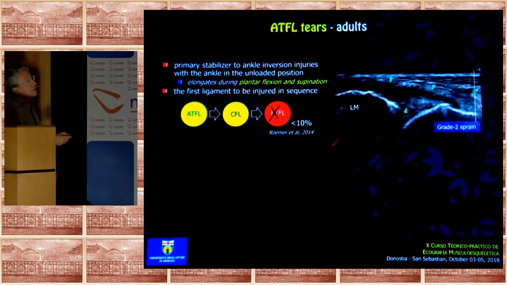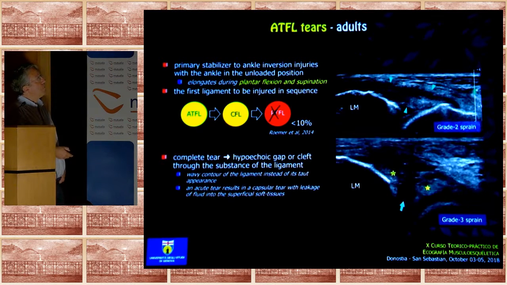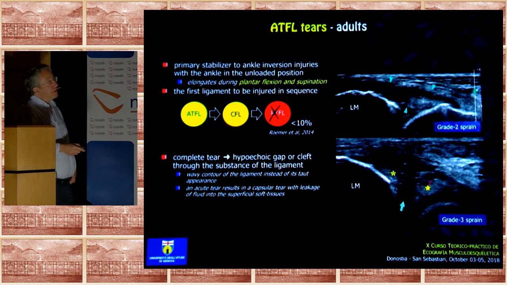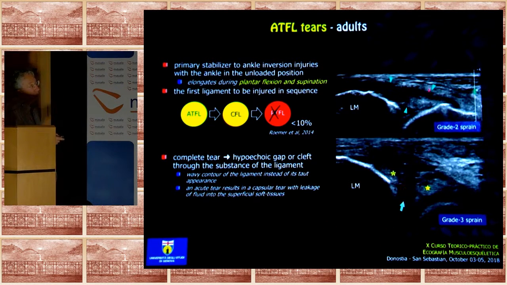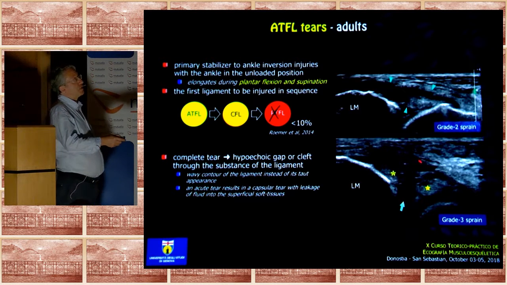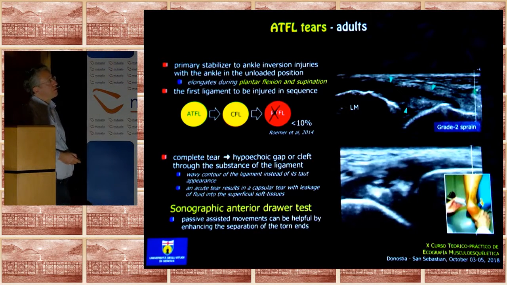But if it's less than 10% involved, this is not a great problem for ultrasound. In case we have a complete tear of the ligament, as I said before, you can have a full thickness disruption of the ligament substance and passage of fluid from the tibiotalar joint outside into the subcutaneous tissues.